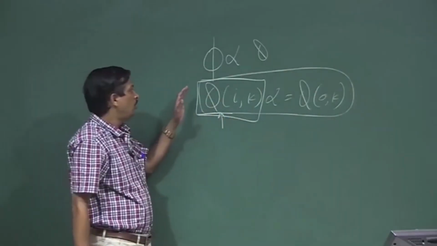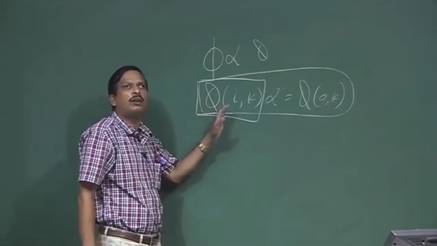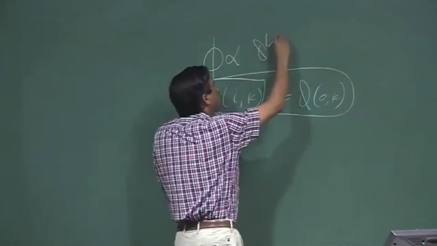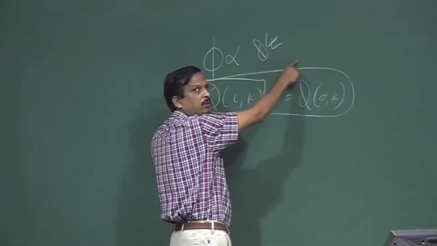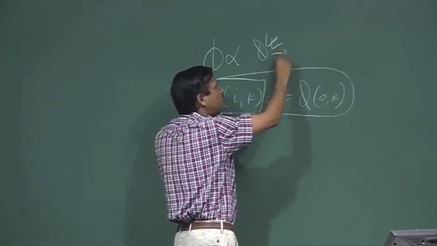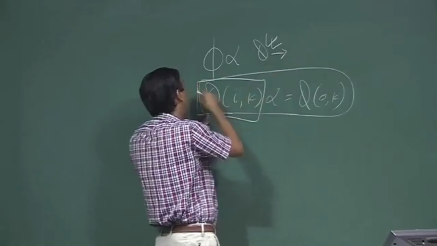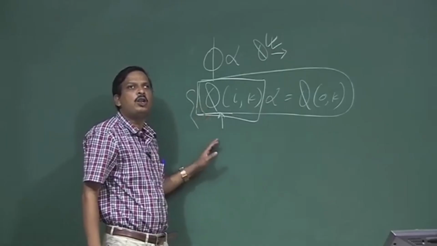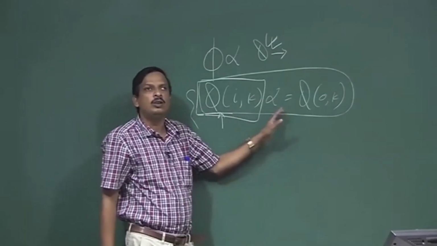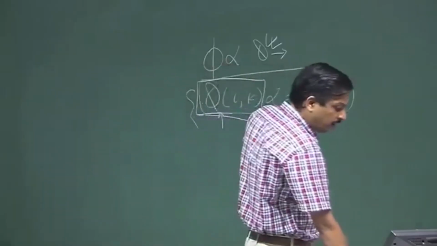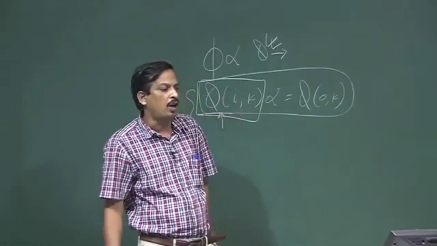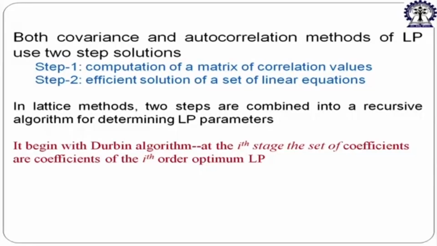Whether it is the autocorrelation method or the covariance method, there are two steps. The first step is to compute this phi, using correlation for the covariance method and using autocorrelation for the autocorrelation method. Next, solve these p linear equations to find the value of alpha. So both methods are two-step: step 1, computation of the matrix of correlation values, and then efficient solution of the set of linear equations.